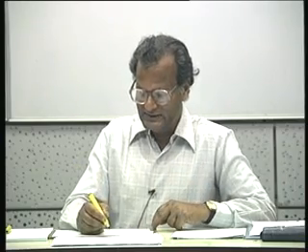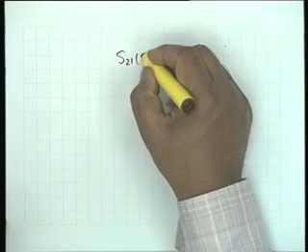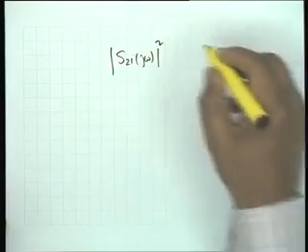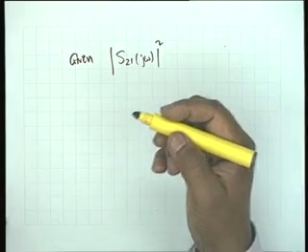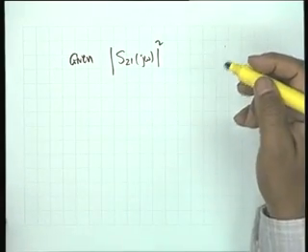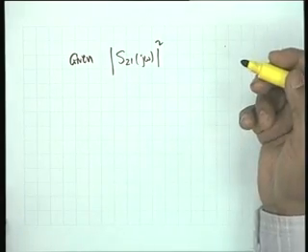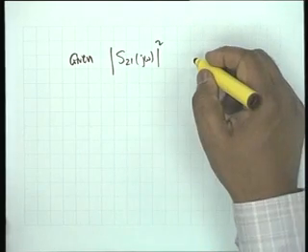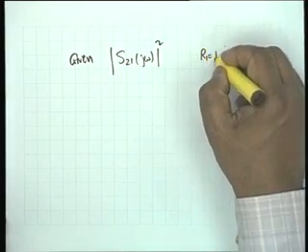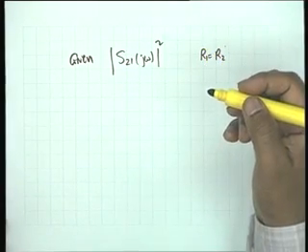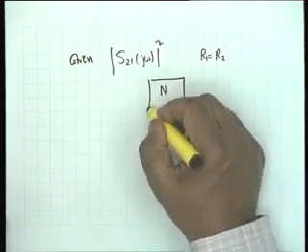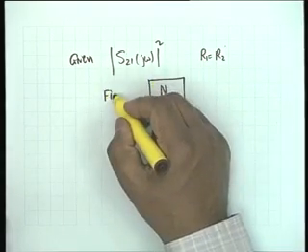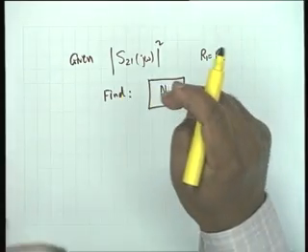Well, the question is: |S21(j omega)|² is given as a function of omega, as a function of frequency. And it is given that R1 equals R2. The terminations are equal. The problem is to design the lossless network N. Find N. This is the synthesis problem.